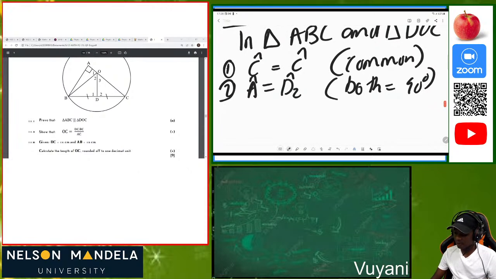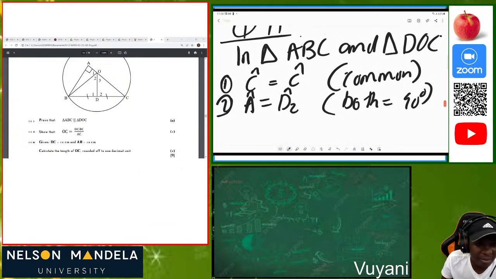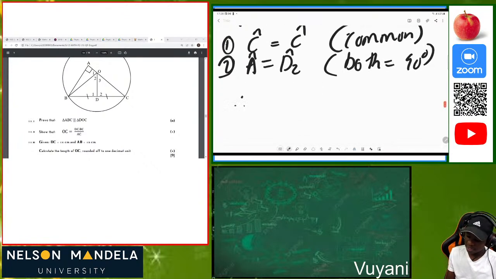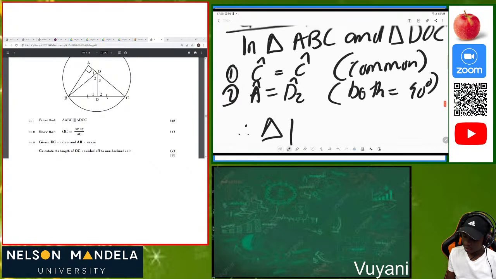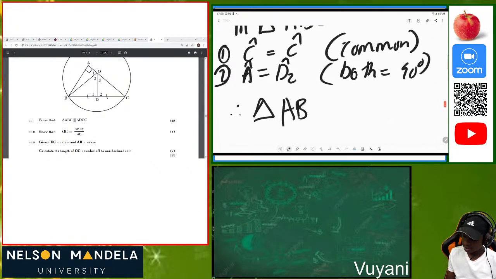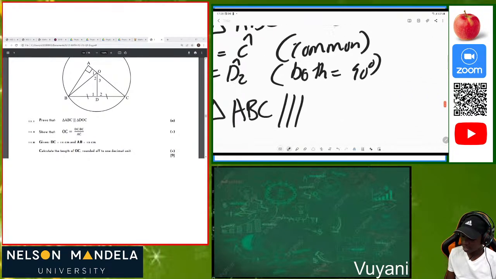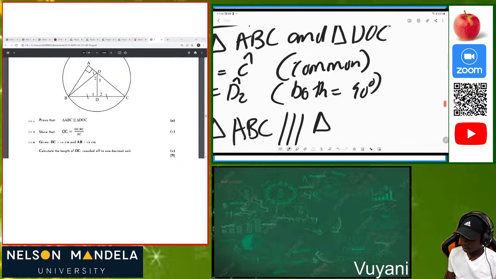So since we have already seen that these two are both equal to 90 degrees, we can definitely conclude, because we really don't care about the last ones, angle B and angle O. At least you have two reasons which are so important and so solid. So now you can conclude that triangle ABC is similar to triangle DOC.